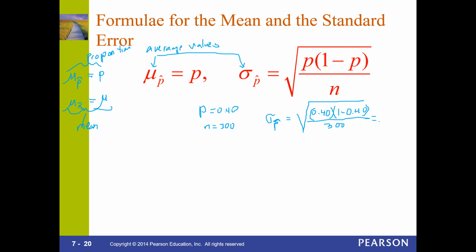That's going to give me the square root of 0.40 times 0.6 divided by 300.